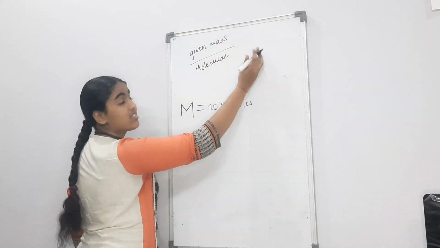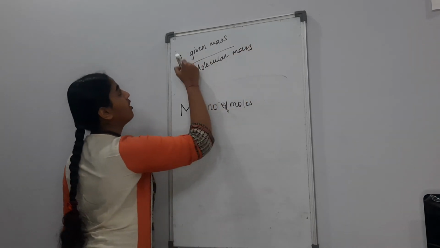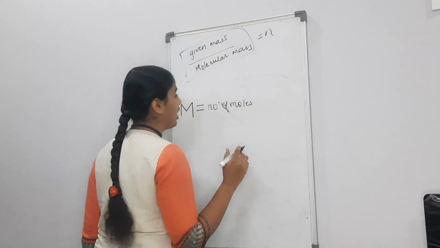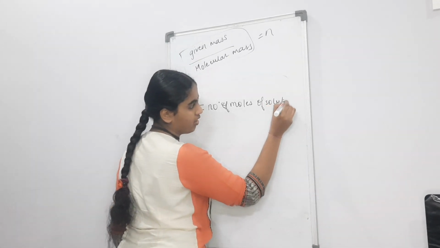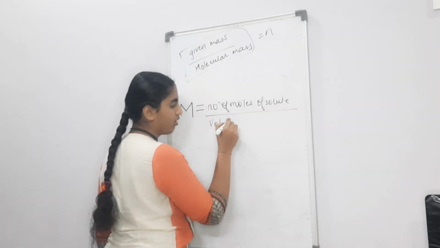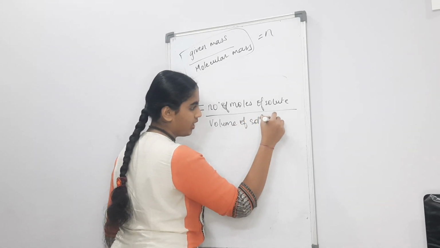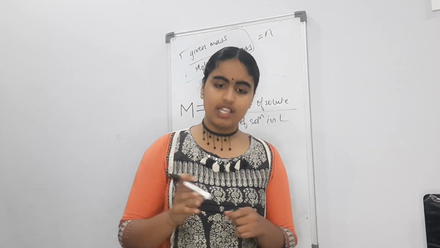So that is how you calculate number of moles. I am going to give it the abbreviation n. Number of moles of solute upon volume of solution in liters. That is what molarity is.